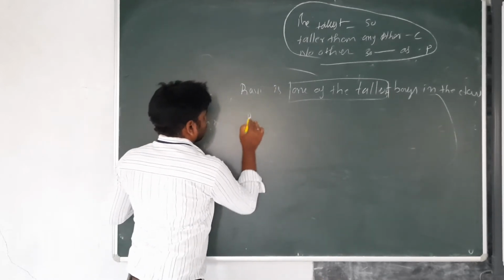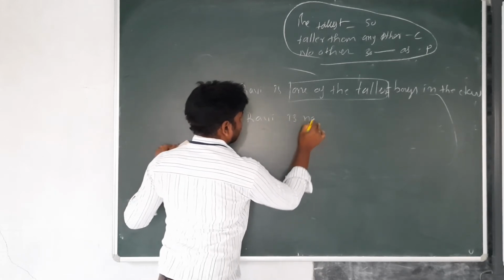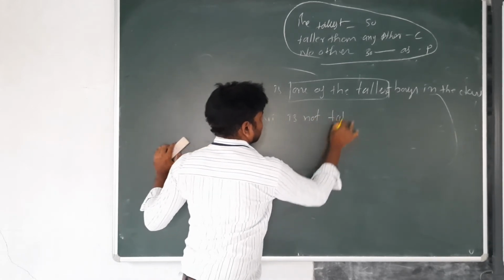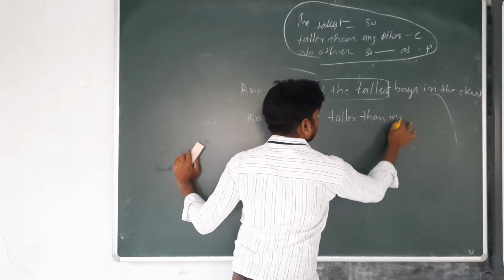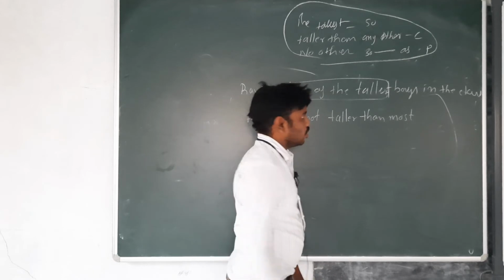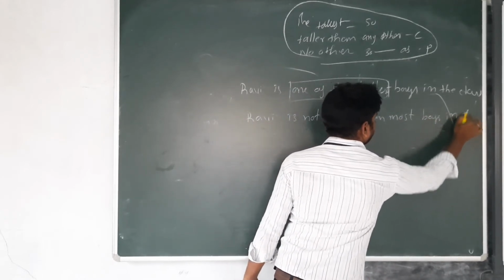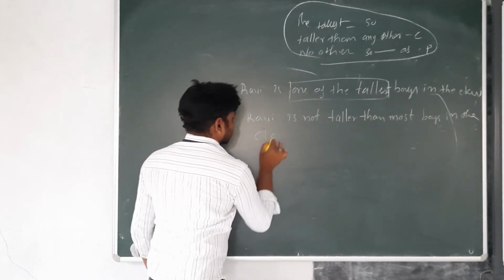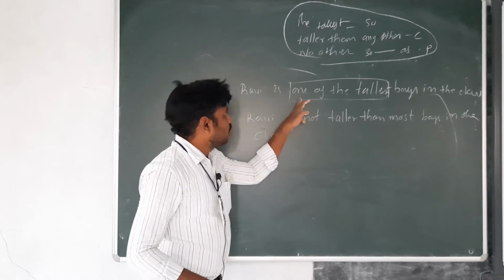Now let's see, Ravi is not taller than most boys in the class. This is the comparative degree. So comparative degree, this one is one of the tallest.